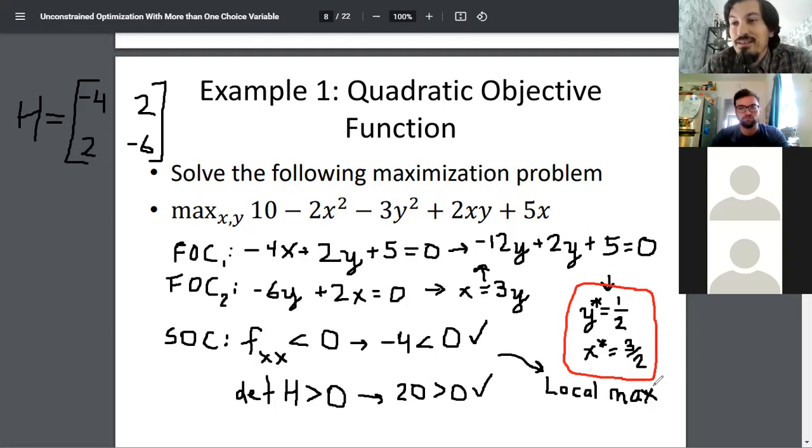One way you can do it is to say the function f is concave everywhere. If the function f is always concave, then anytime you find a local max, it must also be a global max.